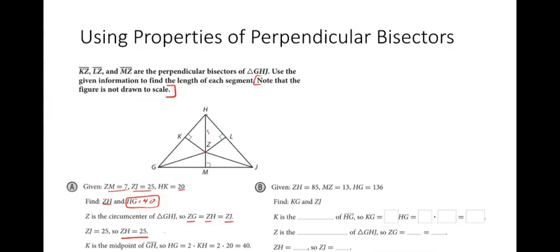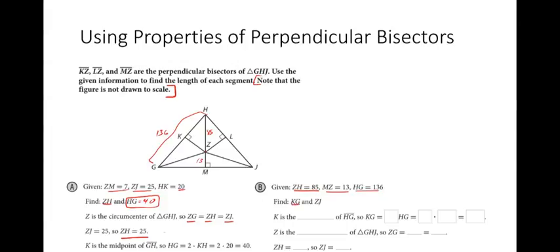And then MZ is 13. And then HG is 136. HG, again, this whole segment right here, is 136.